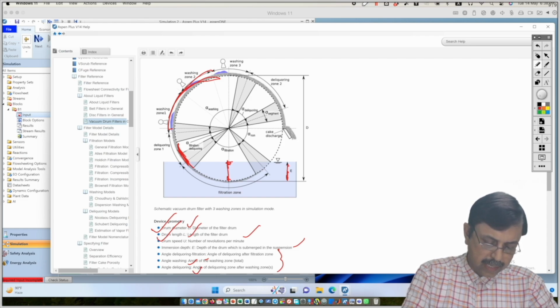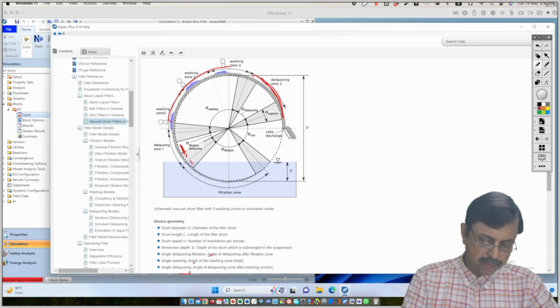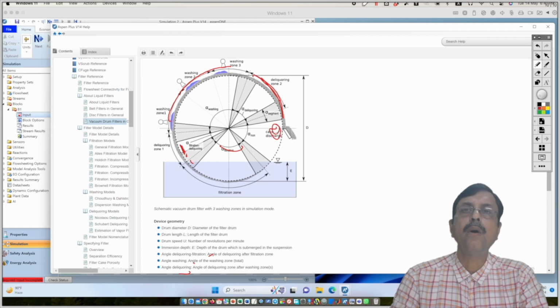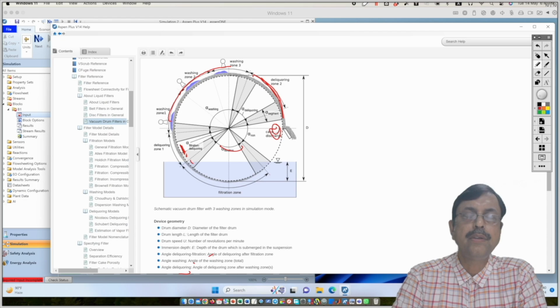Angle of deliquoring is this one. This one and this one, both are angle of deliquoring, and this is angle of deliquoring filtration. Again, angle of filtration is there, angle of cake formation is there. So all these angles you need to specify as and when required.